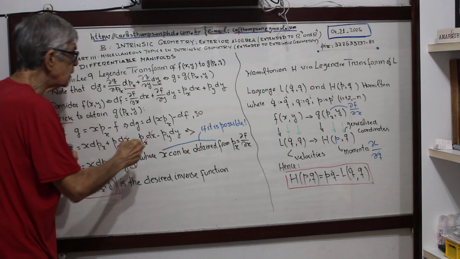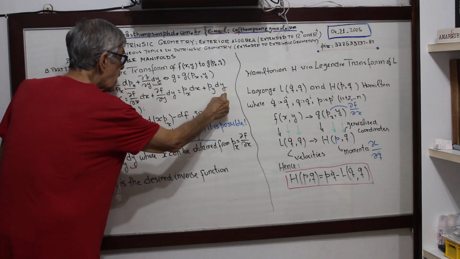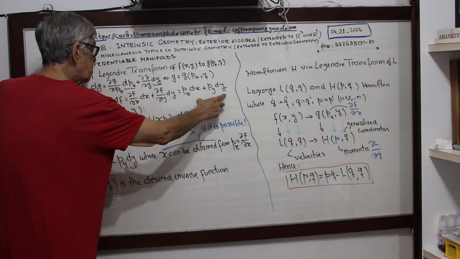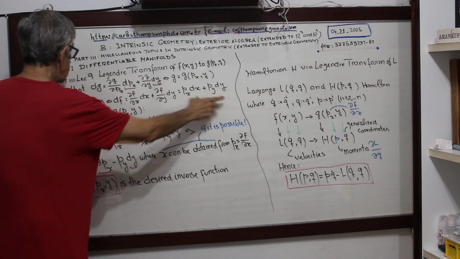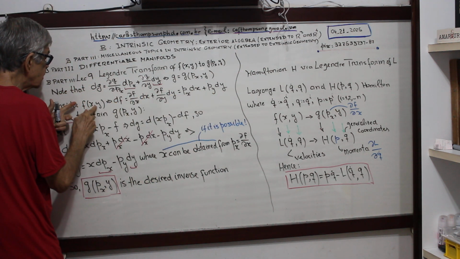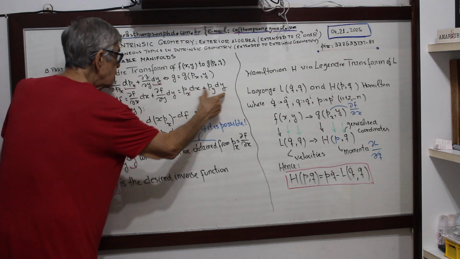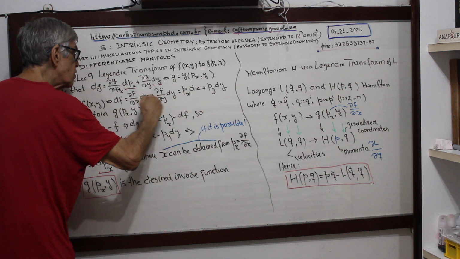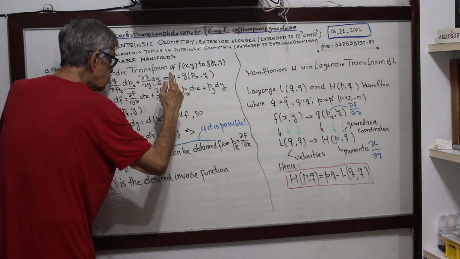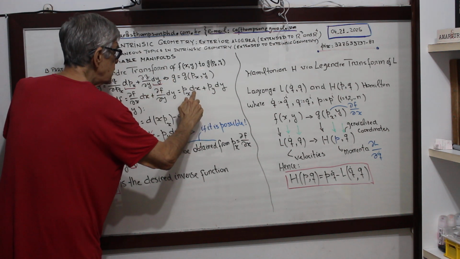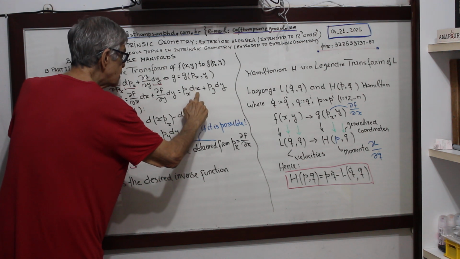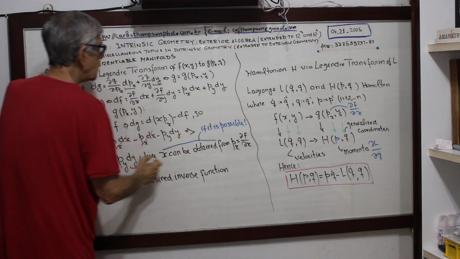Again, dx and dy imply that f is a function of x and y. That's important here. The differential implies that the function must be dependent on x and y, you see?